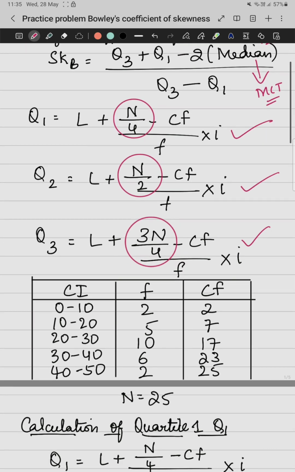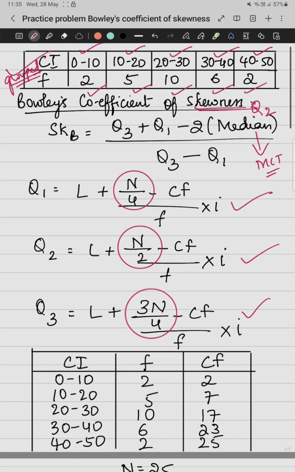Okay, so let's solve this. Always remember, whenever you have to do Bowley's coefficient of skewness, you have to find out the cumulative frequency for this. So always learn the formulas perfectly. Formulation of the table will be very simple. So see how the table is formed. You have class interval and frequency as it is taken from the question. Then you are finding out cumulative frequency.